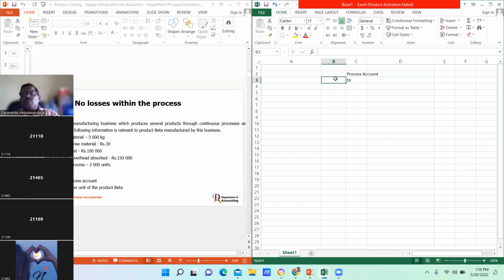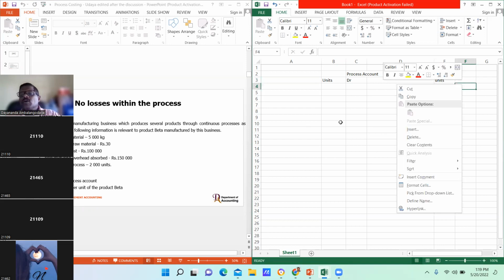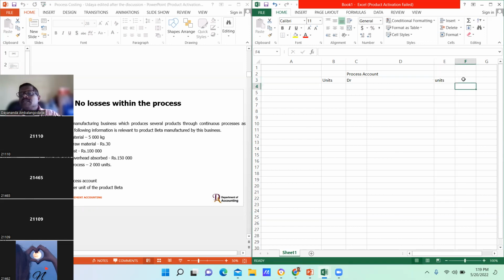In a process account, you will see the units as inputs, and on the credit side you will have the output as units. You will also have the debit column and credit column. That is the basic format of process costing.